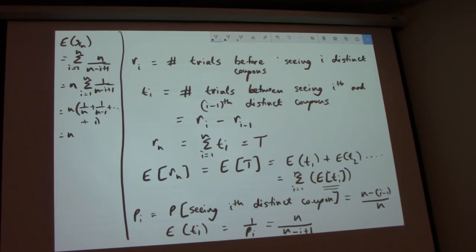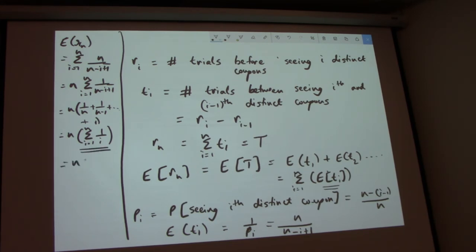So this just looks like n times the sum over i of 1 over i, right? So you're just changing the way you look at this value. Now this may seem insignificant, but this is actually a very well understood number.